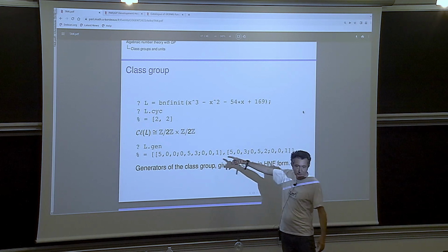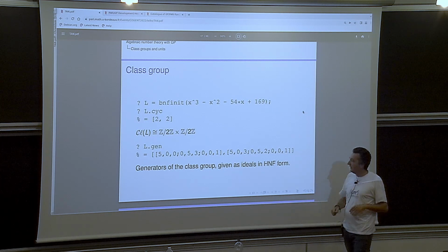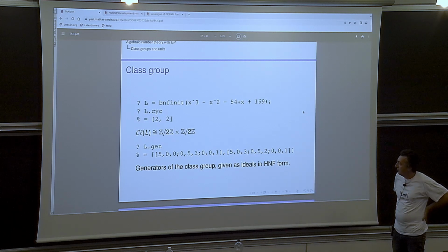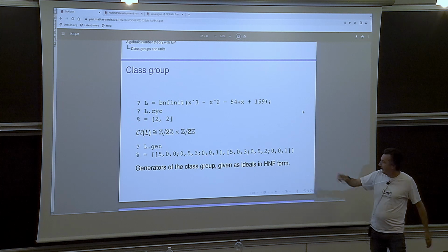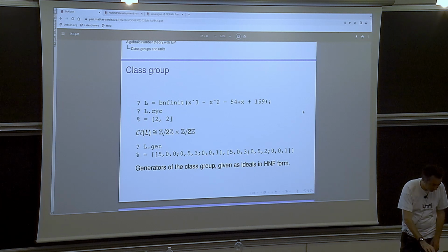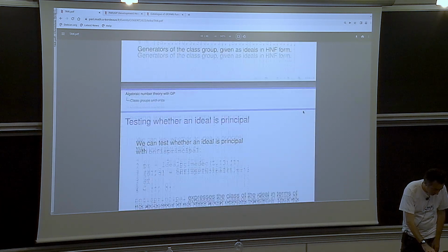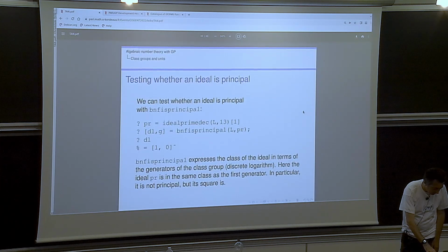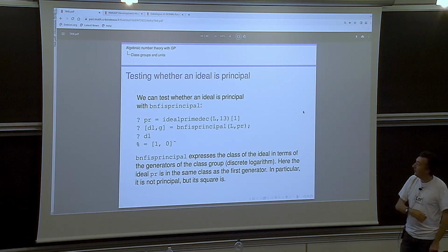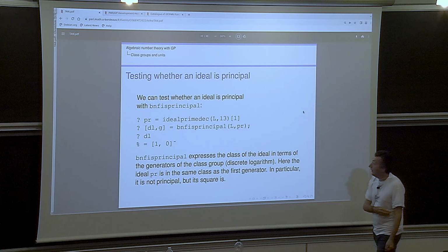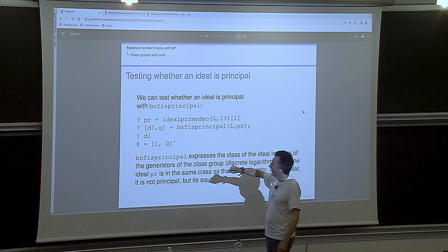Okay. So you can have the generators, you get these two. This is actually the HNF of an ideal, because the group is generated by the classes of these two ideals. So we can test whether an ideal is principal using bnfisprincipal. Okay, so there are two components.